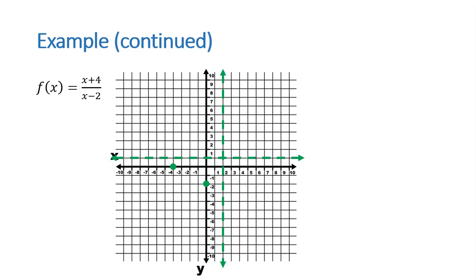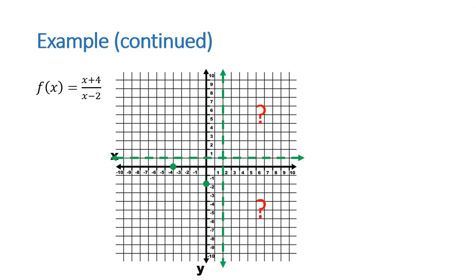So it looks like we can pretty easily determine what happens to the left of the vertical asymptote. We know we can't cross the vertical asymptote, and we decided that we're not going to cross the horizontal asymptote. So we're going to have just a curved branch on the left-hand side that follows the horizontal and vertical asymptote, essentially in the same shape as what we had for the reciprocal parent function.